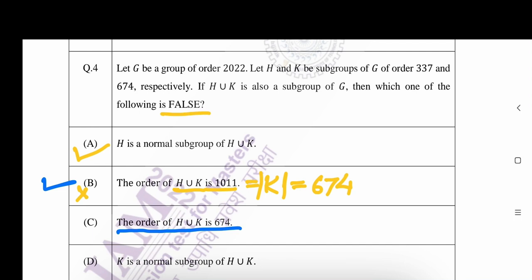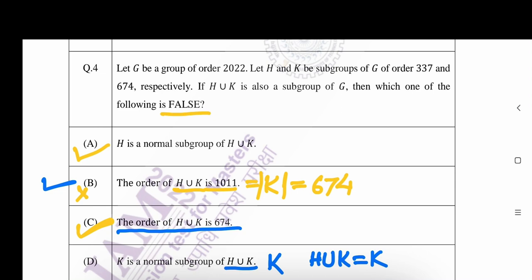Obviously it is true. Okay, this is true. K is a normal subgroup of H union K. You saw that H union K was equal to K, so in place of H union K we can take K. So the sentence becomes K is a normal subgroup of K. Obviously it is true.